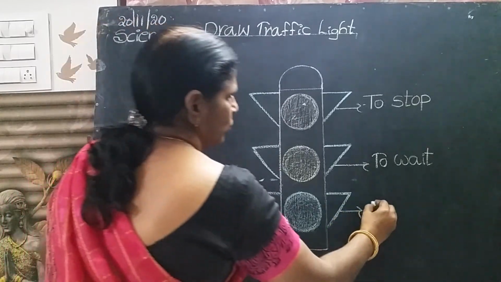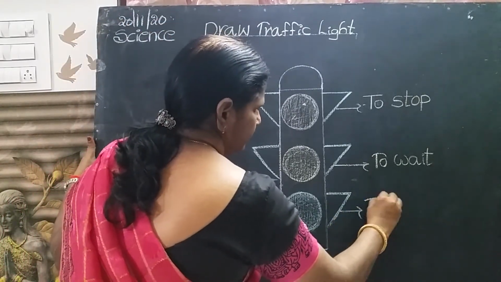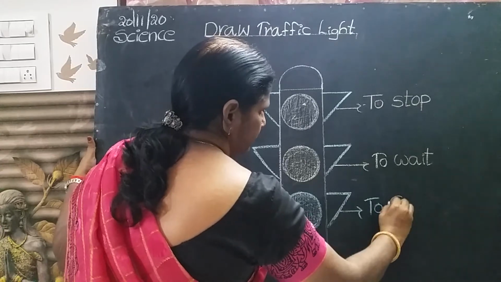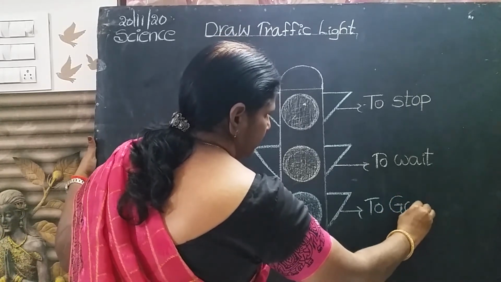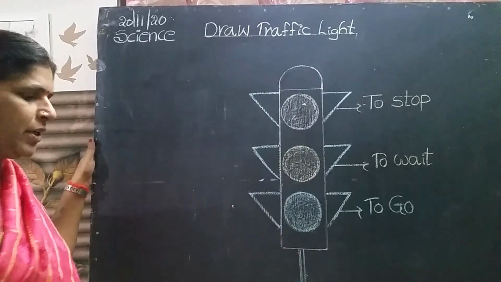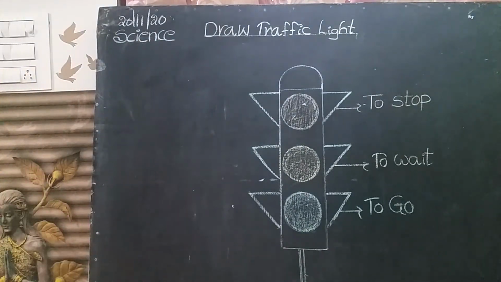Okay, to go. Okay, children, we write indications of lights according to the colors. We write names, meanings of lights according to their light.